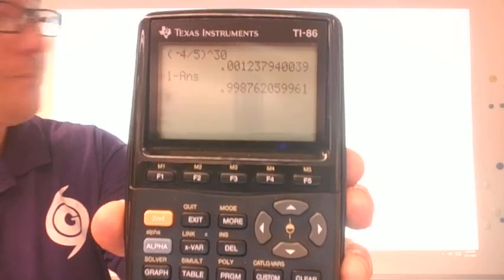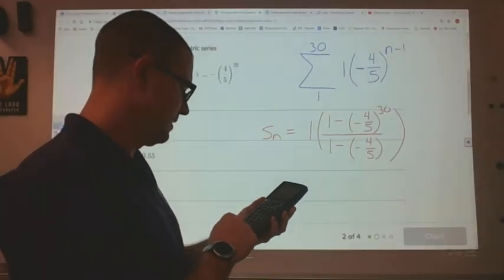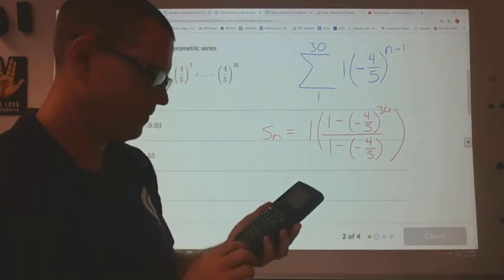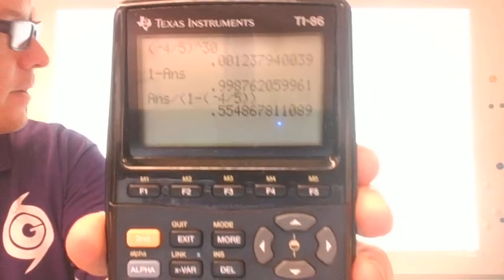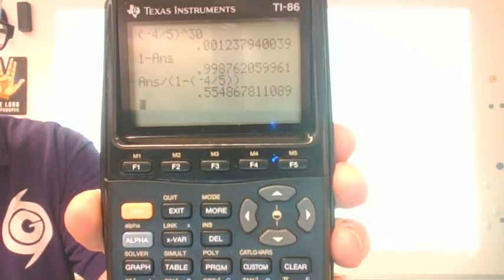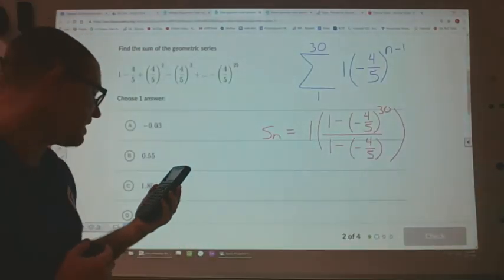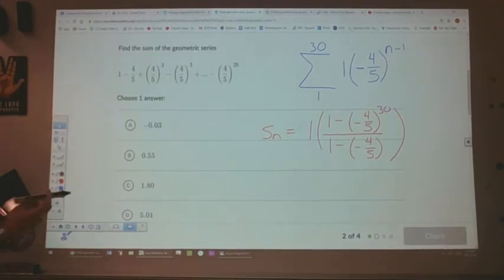Then I'm going to divide that by 1 minus negative 4/5. And that'll be my answer, because it's just multiplied by 1 after that. So our answer is 0.5548, but the only one that matches that is B.